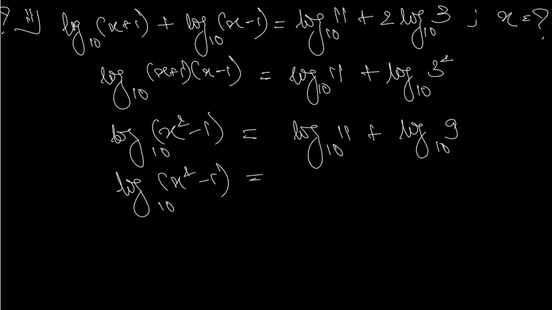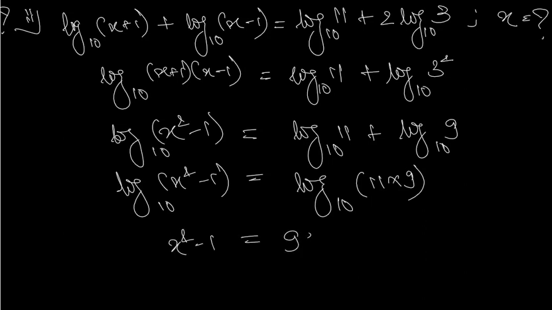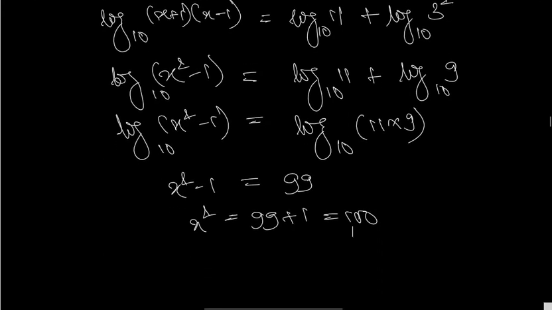Log of x square minus 1 to the base 10 is equal to log of m plus log of n, which becomes log of m into n, product, log to the base 10. Now logarithm can be cancelled from both the sides. So we get x square minus 1 is equal to 99, or x square is equal to 99 plus 1, that is 100. We've got the value of x square.